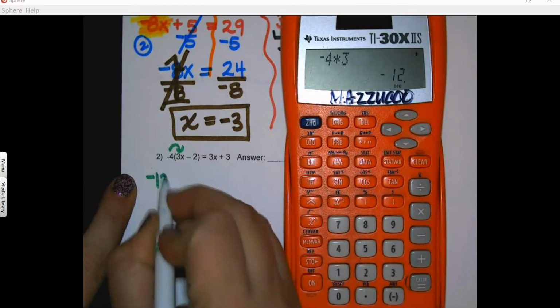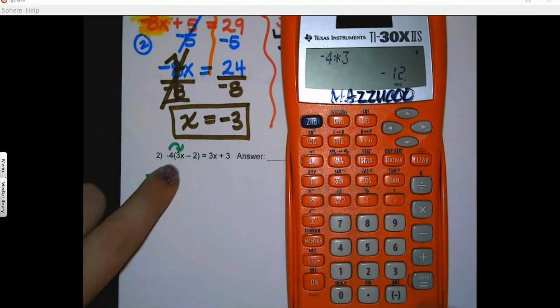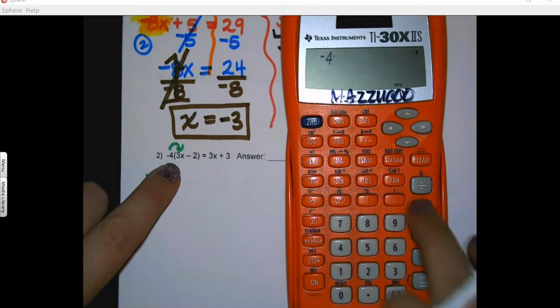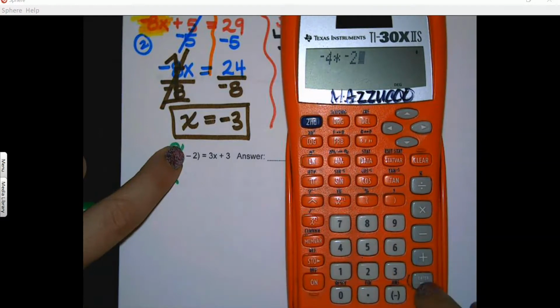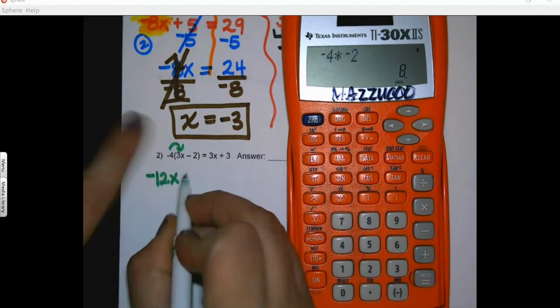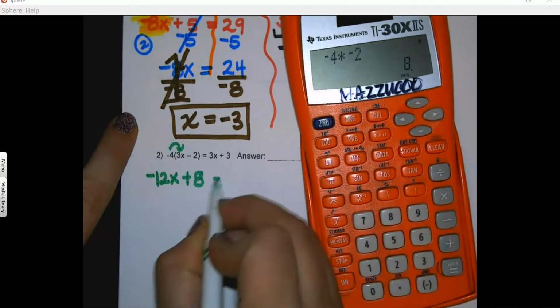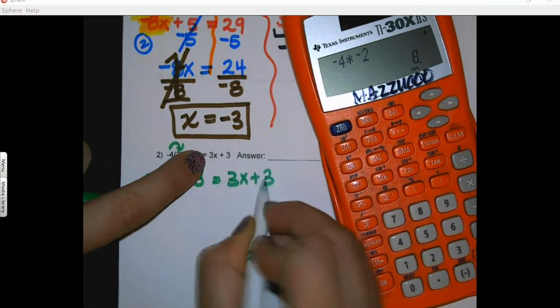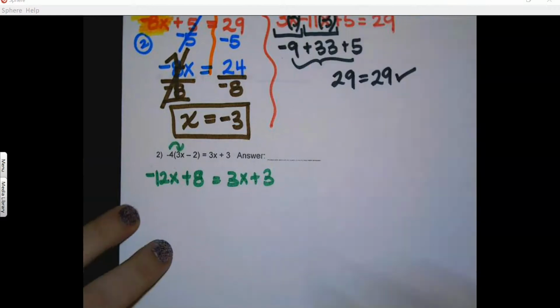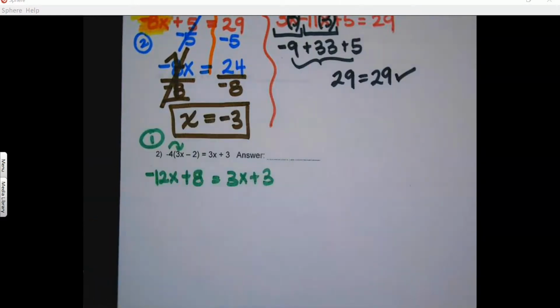We get -12x, and then we have -4 times a -2. And that is a +8. And then I'm going to bring down the 3x plus 3. Okay, so that was step 1.